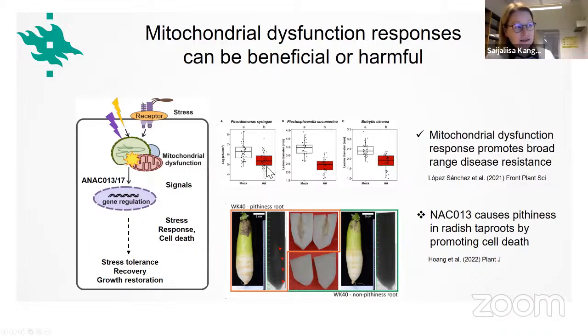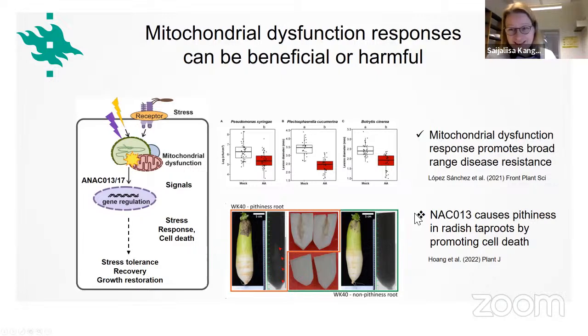And you can see that the antimycin A treatment, and likely then the consequent formation of reactive oxygen species and the signaling, resulted in increased resistance in all cases against these plant pathogens. And there's quite a lot of interest now towards understanding how this might be potentially used in crop breeding.